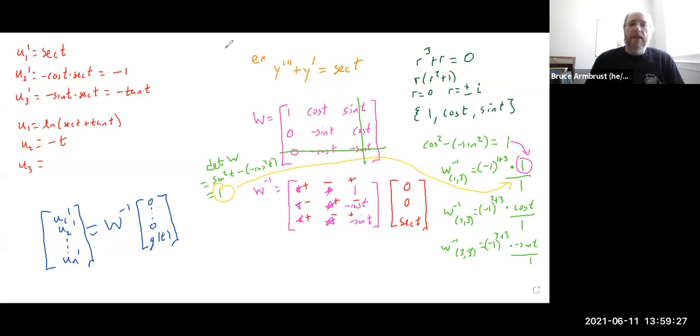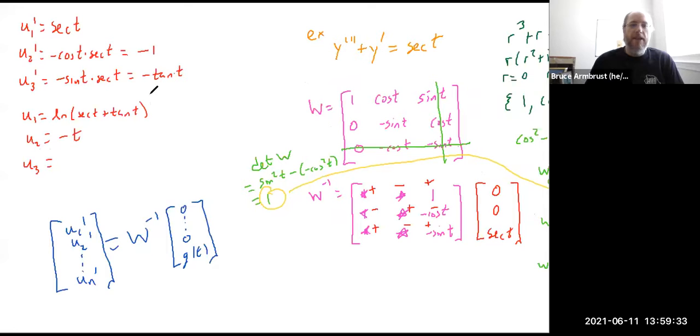Anyway, so that's the u1. So u2, of course, is minus t, and then u3, integrating tangent. Again, I don't know if anybody remembers how to do that, but that's one where you make it sine over cosine, and then notice that the top is the derivative of the bottom and all that.